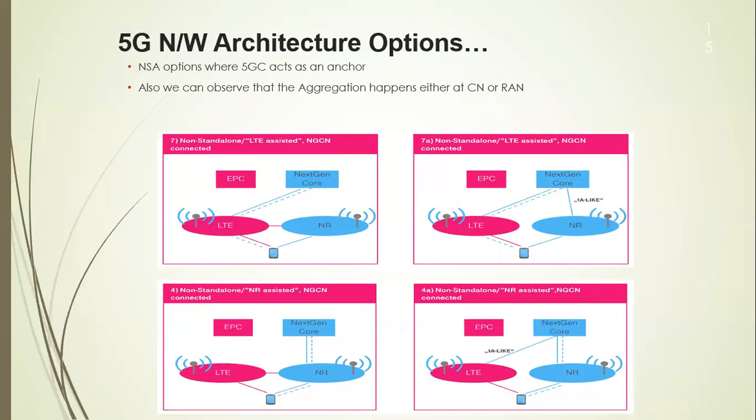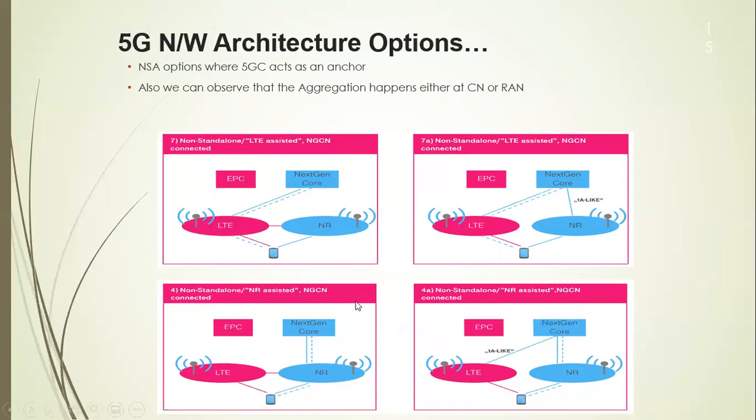And the 7A option, here the 5G core is present, EPC is not present. The 5G core communicates with both the G node B and the E node B, and it will have EPS bearers with both, but the signaling still happens using LTE.